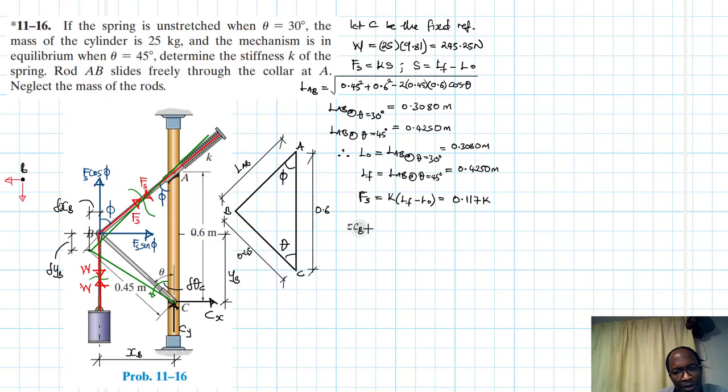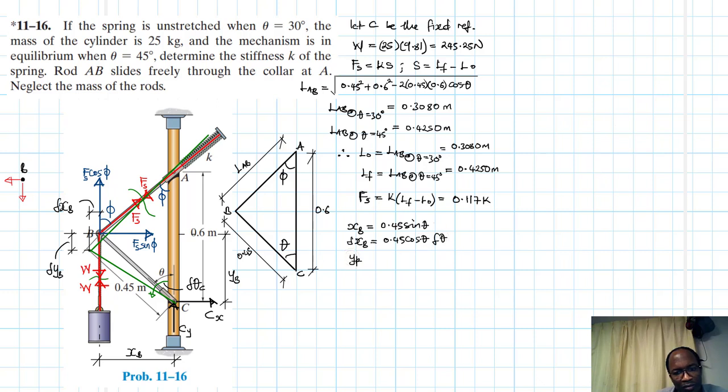So xb is equal to 0.45 sine theta, and therefore del xb, this is now the vector displacement, del xb is going to be equal to 0.45 cos theta del theta.